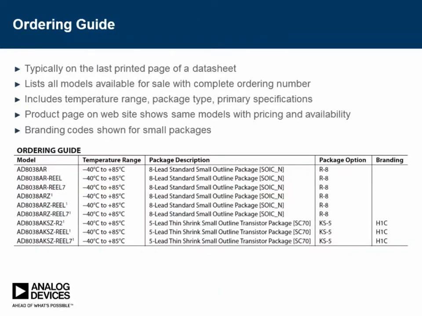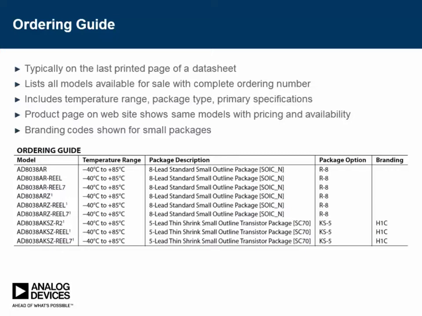The other thing, which is on essentially the last page of the data sheet, is the ordering guide. This is a list of all of the models that are available for purchase on that product. It shows the temp range, package. In some cases, if there's a difference in specs between the models, that will also be included in the ordering guide.